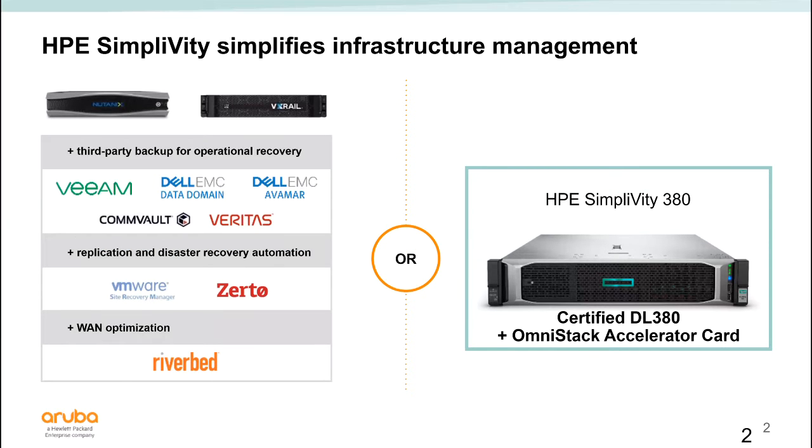So Simplivity hyperconverges across the entire stack, not just the storage and server. In traditional data center networks, you may see various stacks of products like data protection applications, WAN optimization, backup and disaster recovery.